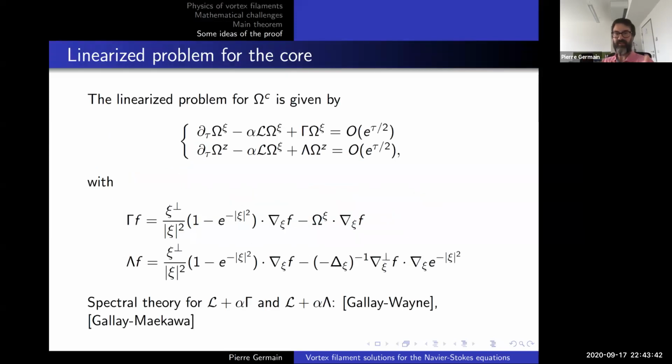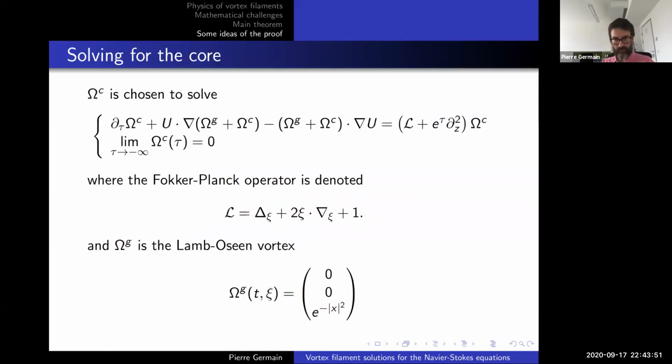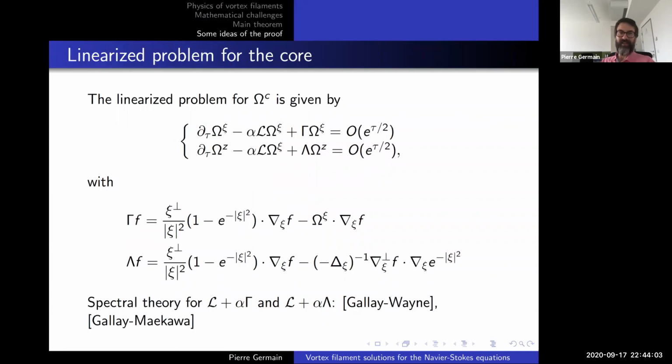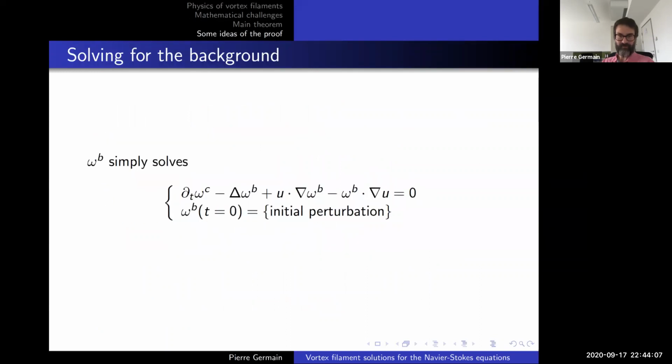So now that we wrote this linearized problem for the core, there is much work to be done to put all of this together and solve this nonlinear problem. I'm skipping many details here, so that's not a simple thing to do. And then you can solve for the background.